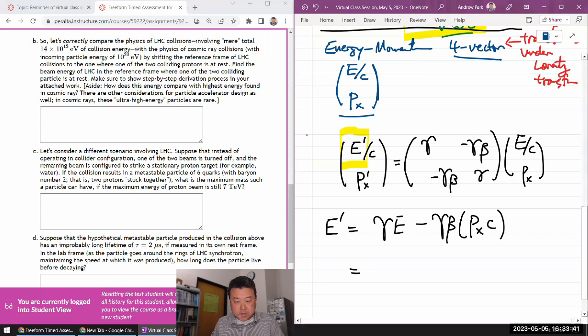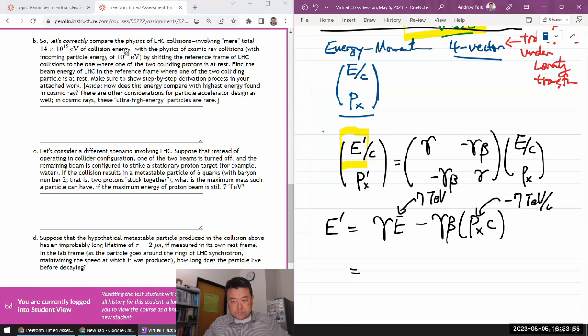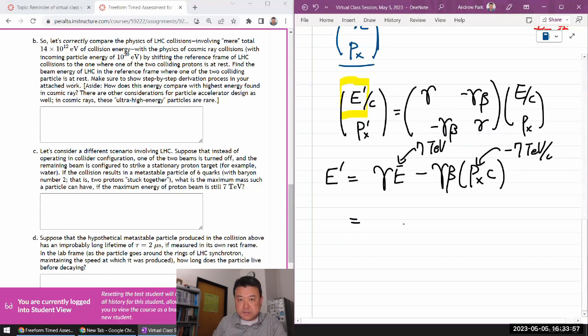When I plug in the numbers, the energy will be 7 TeV, and for the momentum it's going to be minus 7 TeV per c. So the whole set of numbers will be this.